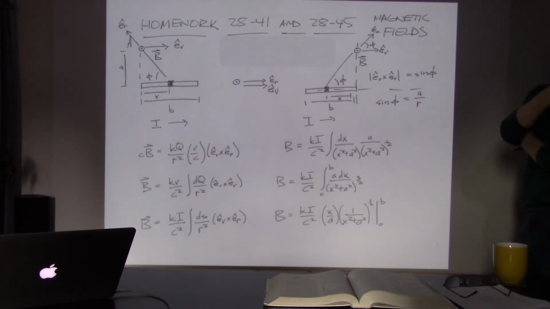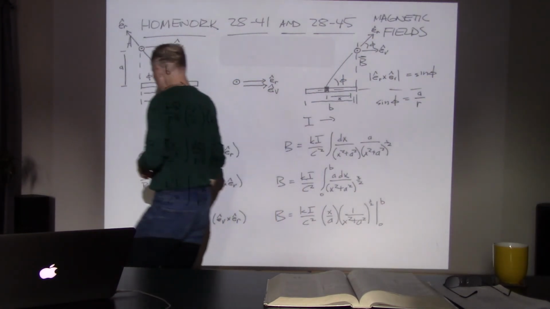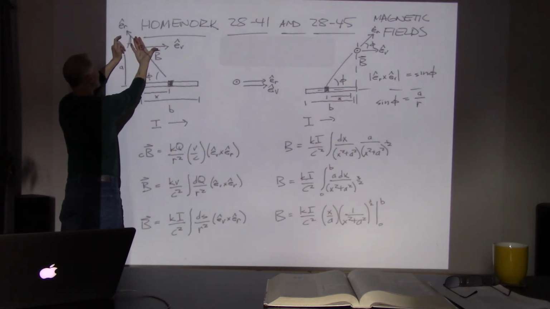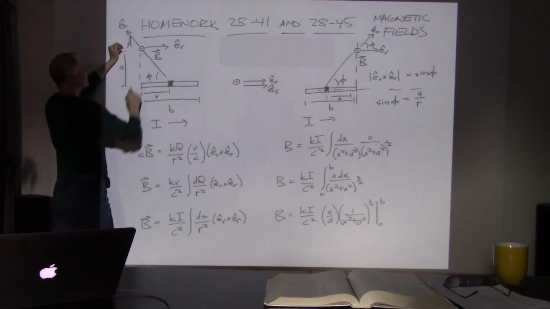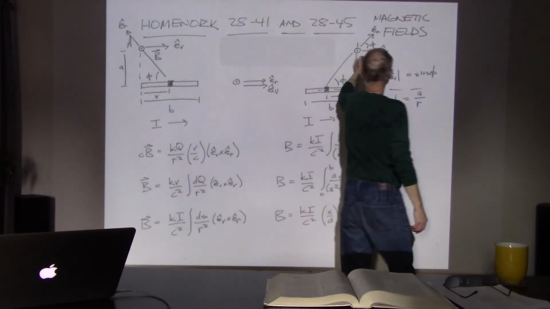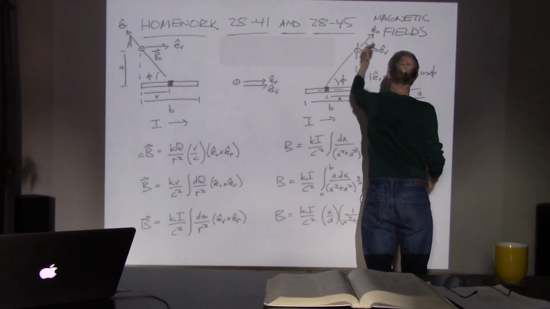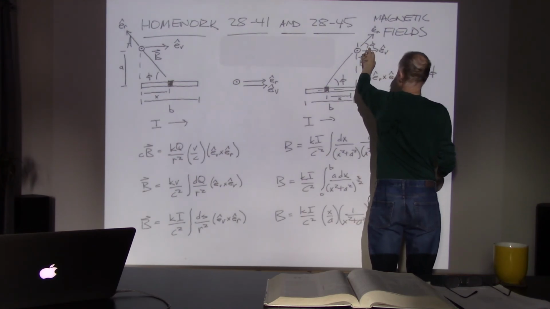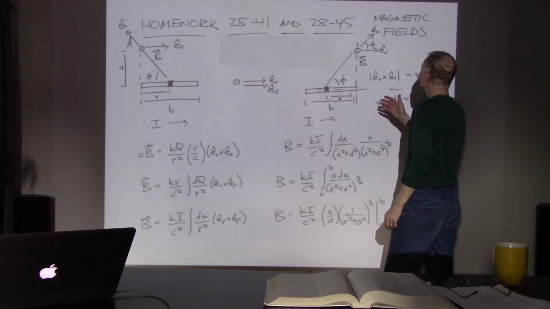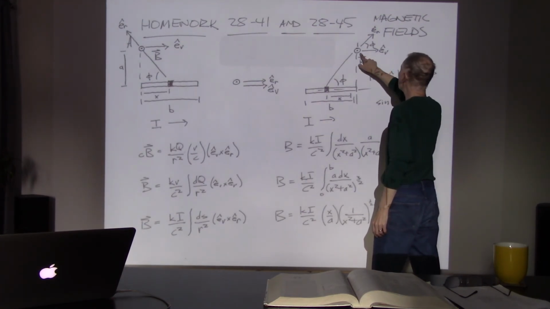You'll get the same effect. And the reason why is this. If you look at these unit vectors right here and take their cross product, well, v cross r is coming out of the board, and it's the sine of that angle that determines how strong the magnetic field is. Over here, e_v and e_r, is that what I said? e_v and e_r, the cross product of that is going to give me the magnetic field direction.